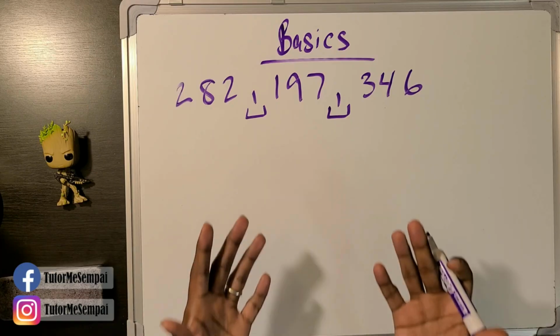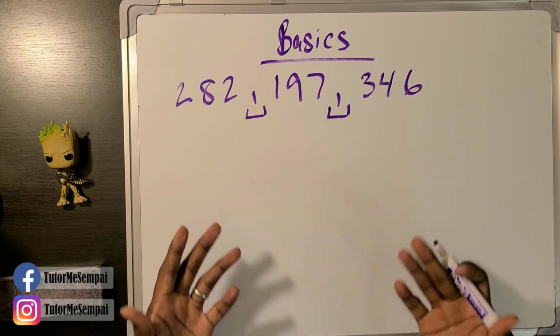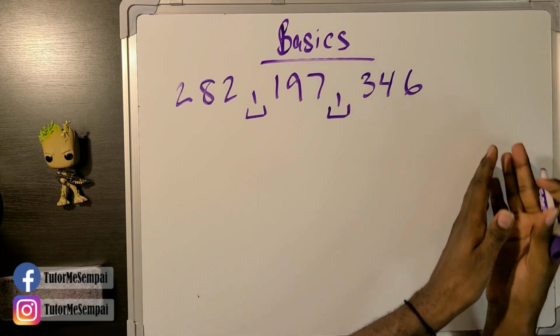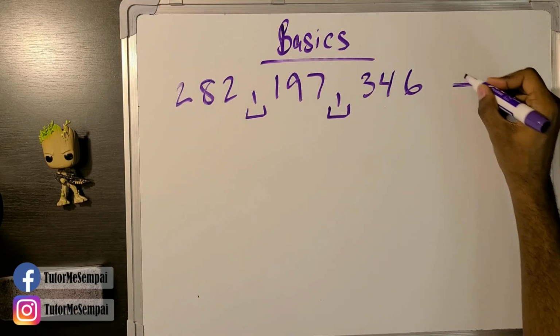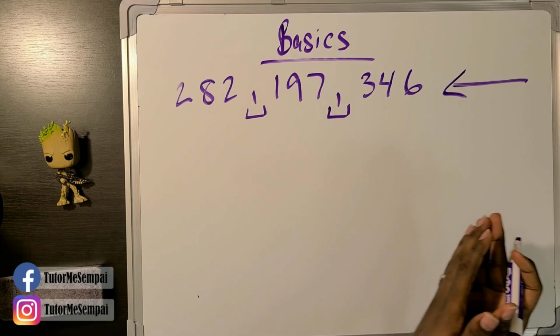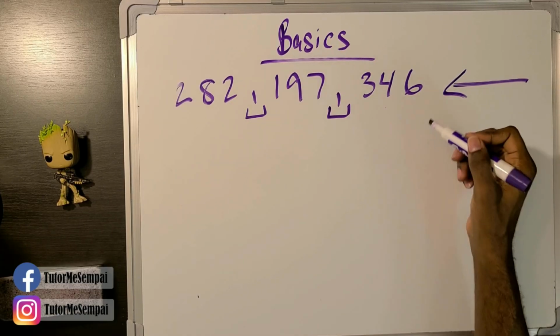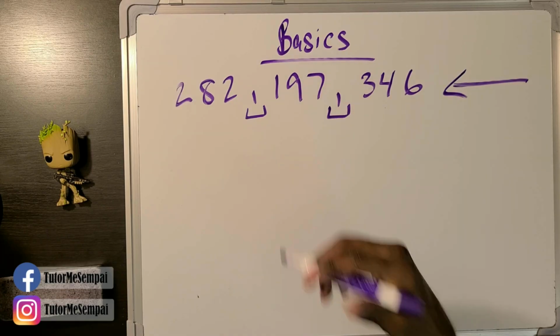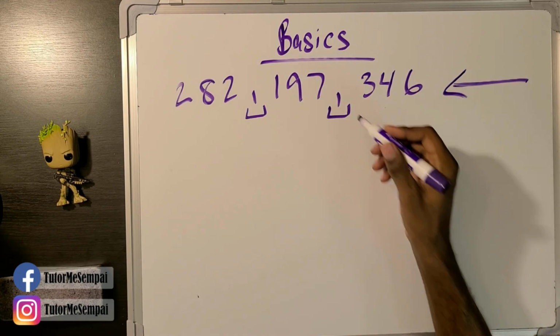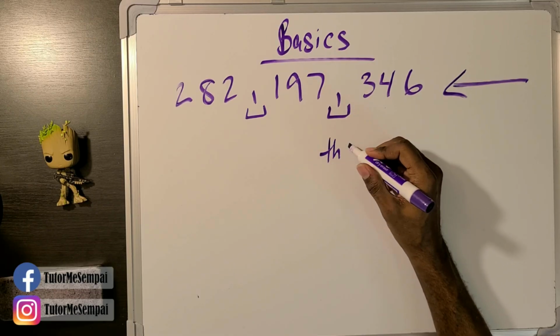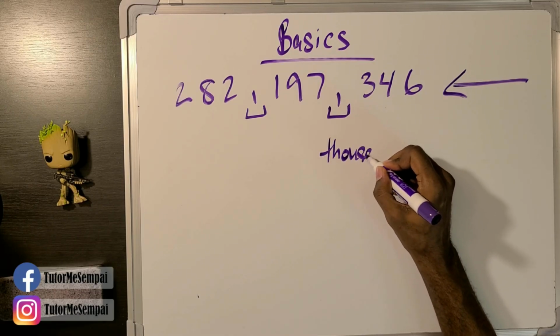Well, how do we go about naming these commas so we know what they are? Well, the first thing you have to do is start from your right. You're going to be starting from your right, and then you're going to be going across your number like this. And every time you reach a comma, it's going to get a new name. This first comma you run into is called the thousand comma. So, thousand.